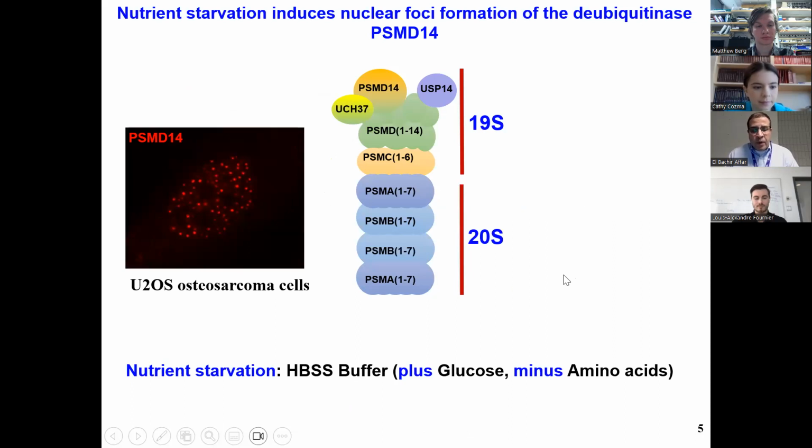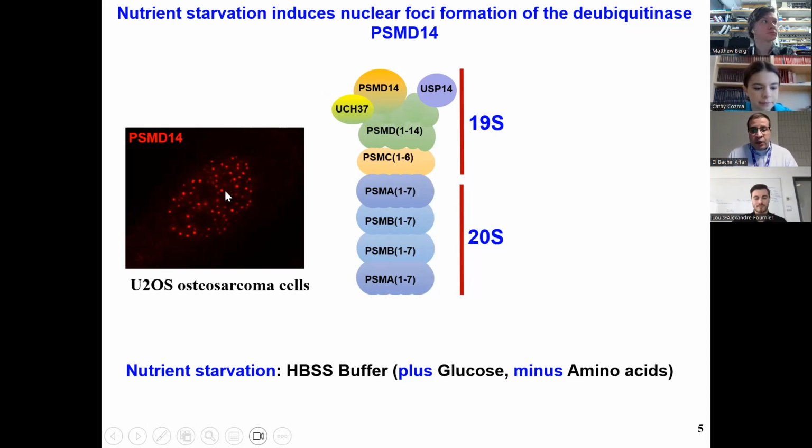So one of my students made this observation that when we take cells and deprive them of nutrients, we see that the proteasome can form these very nice foci in the nucleus. So we have PSMD14 staining, which is a component of the regulatory particle of the proteasome.